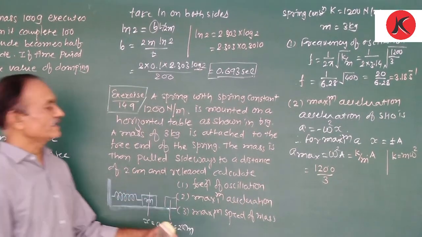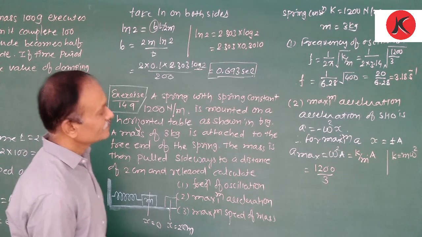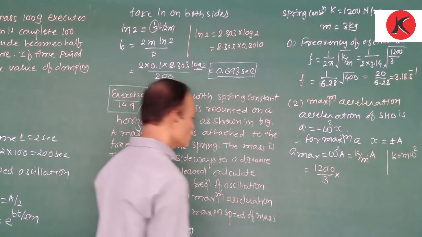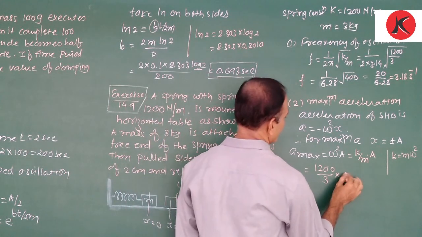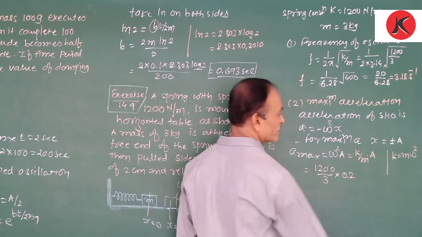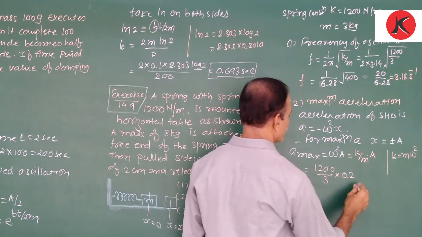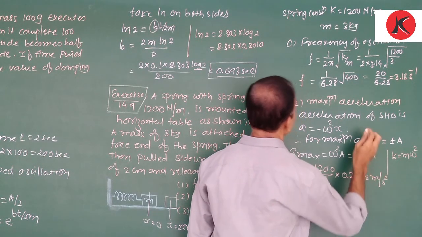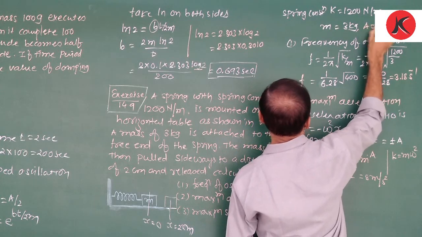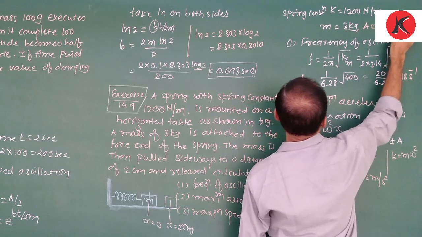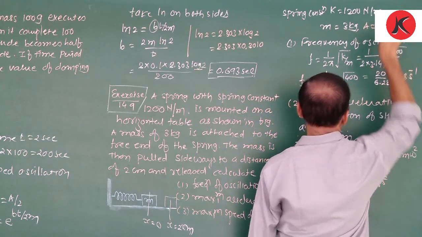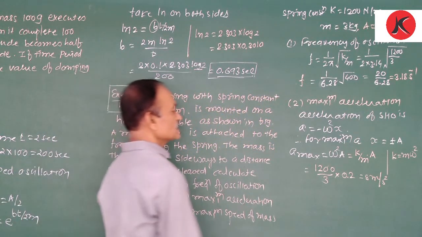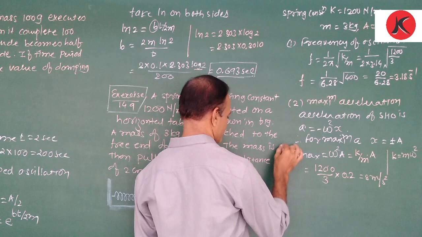And the amplitude is given as 2 centimeter, that means 0.2 meter. So it is equal to 8 meter per second square. Here is the maximum value of acceleration.